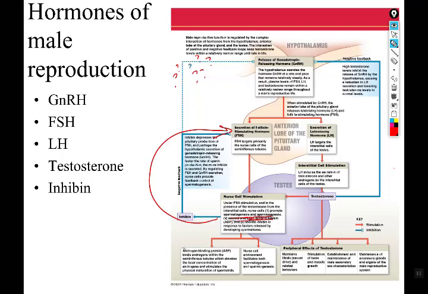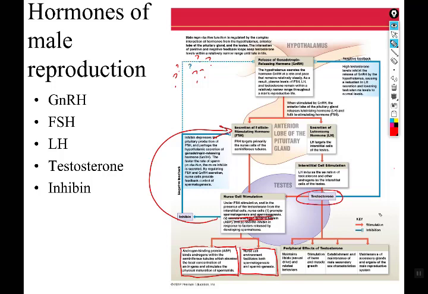So the effect here is when you get an increase in androgen-binding protein synthesis, testosterone sticks around the seminiferous tubules more, and that helps promote the differentiation of sperm. And then the nurse cells themselves just continue to stimulate spermatogenesis and spermiogenesis. Luteinizing hormone acts on the interstitial cells of the testes to cause testosterone production.